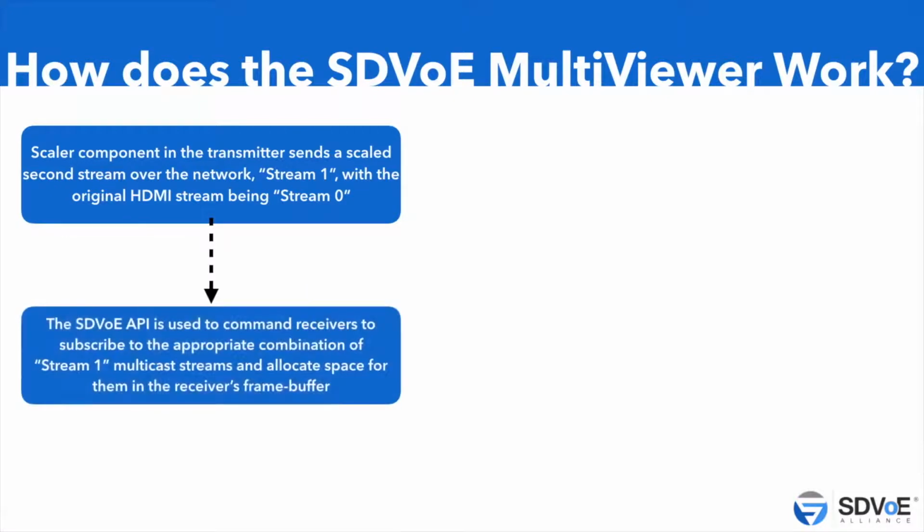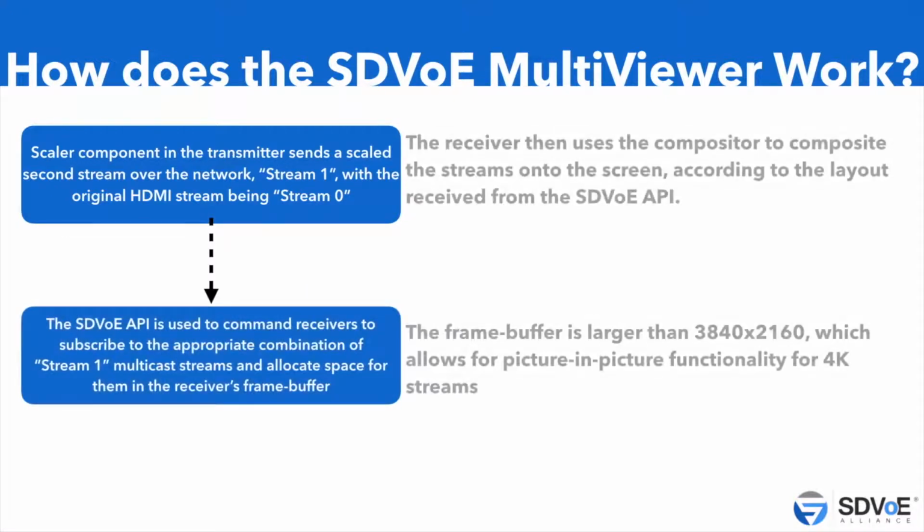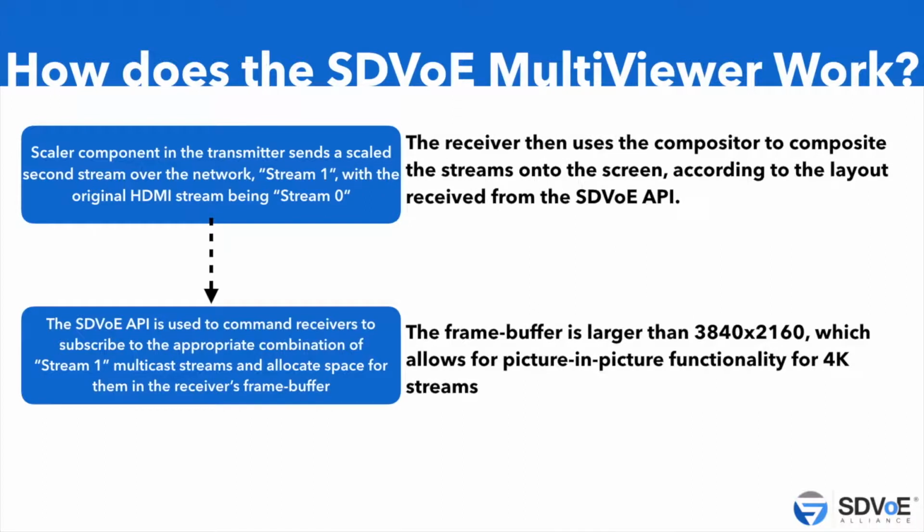The SDVoE API is used to command and control receivers to subscribe to the appropriate combination of stream 1 multicast streams and allocate space for them in the receiver's frame buffer. Then the receiver takes those streams and uses the compositor to composite the streams onto the screen according to the layout that is received from the SDVoE API.